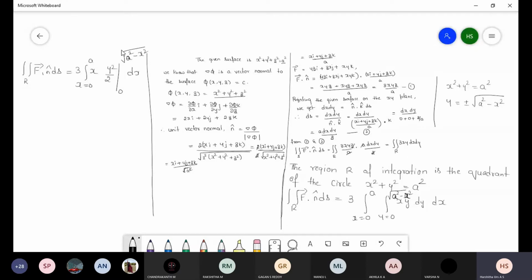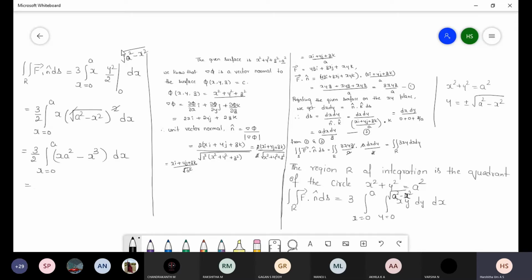So here I write dx as it is. Next, 3 into integral from x is equal to 0 to a, I will write this 2 also outside. So I substitute here root of a square minus x square whole square. Square and square root will get cancelled. Remaining will be dx. So 3 by 2 integral x varies from 0 to a, x into a square minus x square, that is x a square minus x cube into dx.